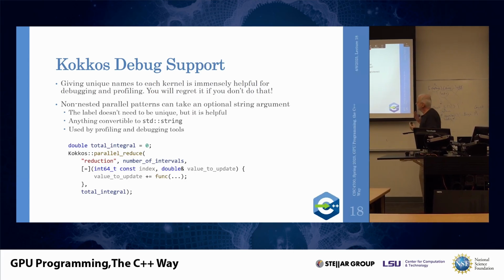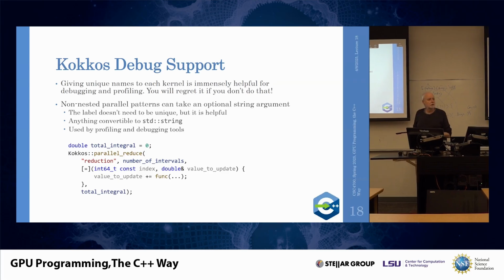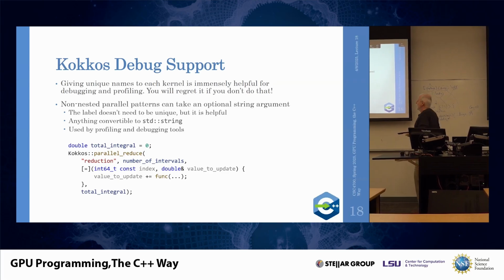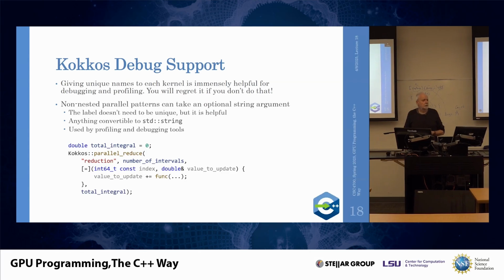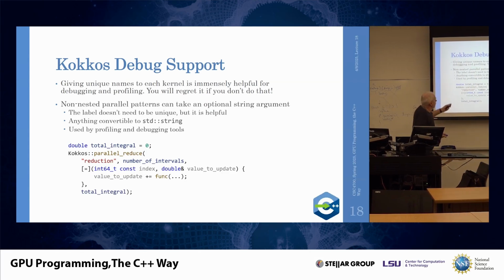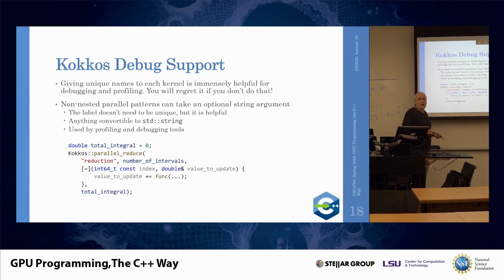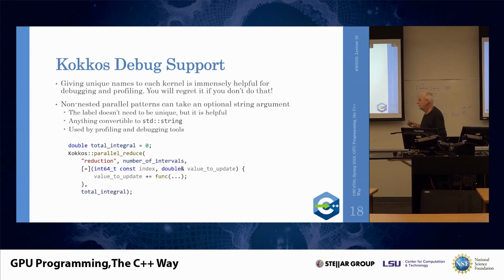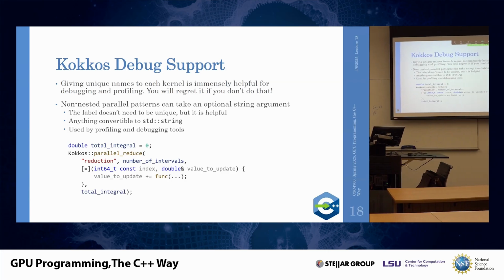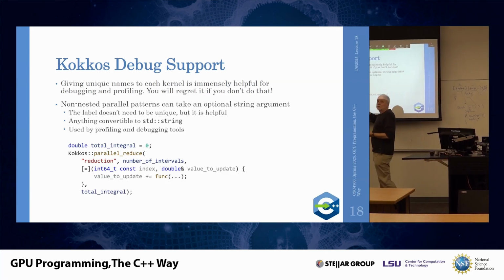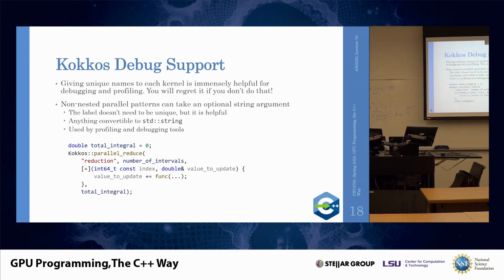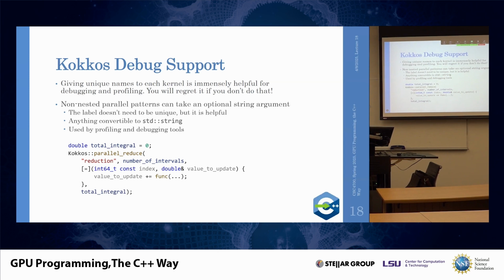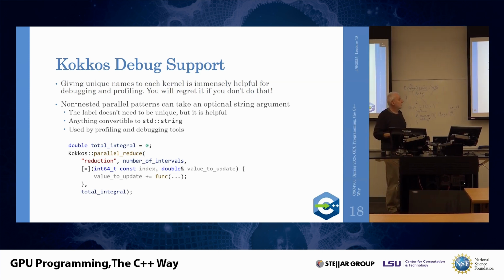So it's a thing you should always do when you're using Kokkos. And by the way, HPX allows you to do that as well. I haven't talked about that. It's always a good idea to pass in some identifying information that helps debugging. Tracing will use that name and so on. So you can identify the code that actually went wrong when you're looking at it in the debugger.